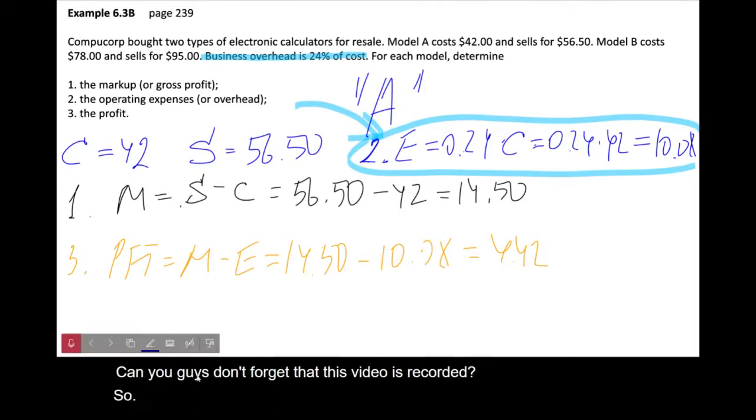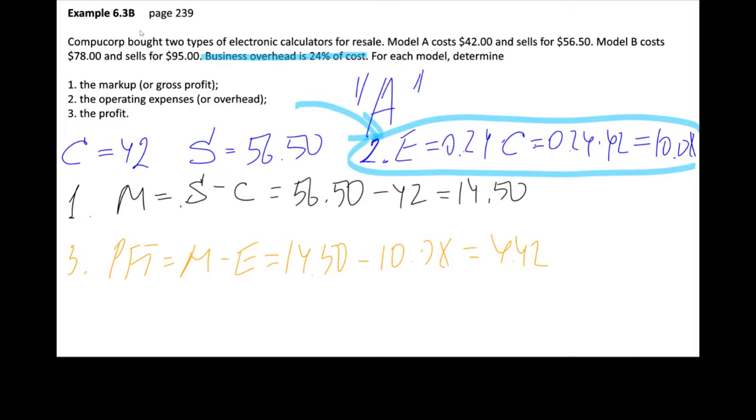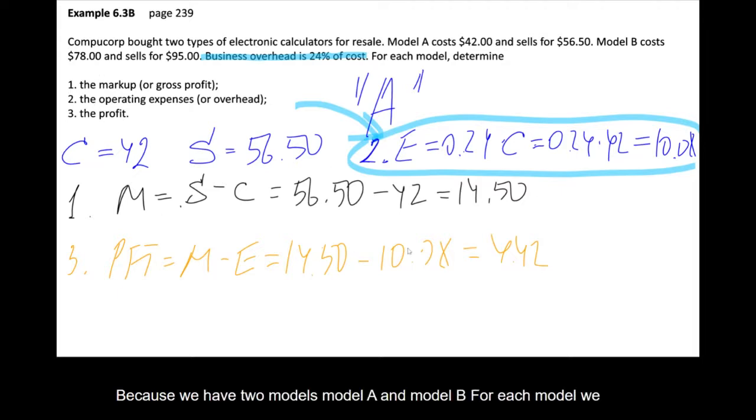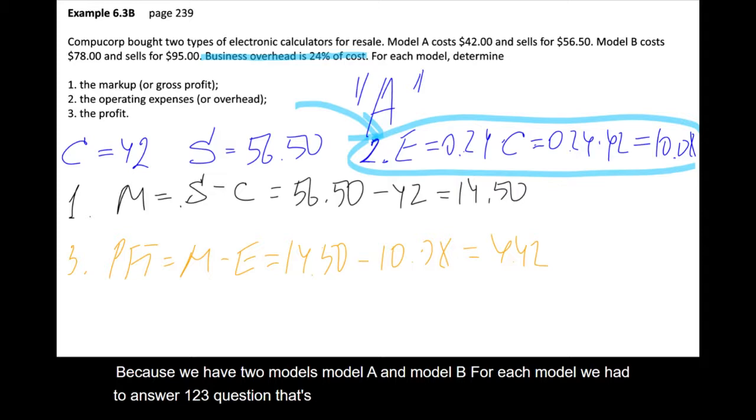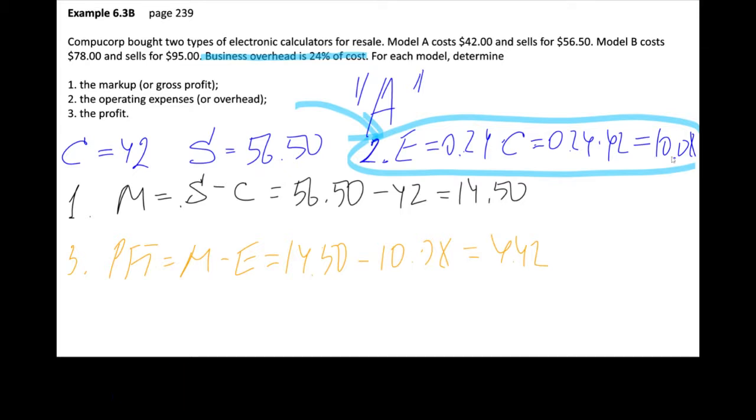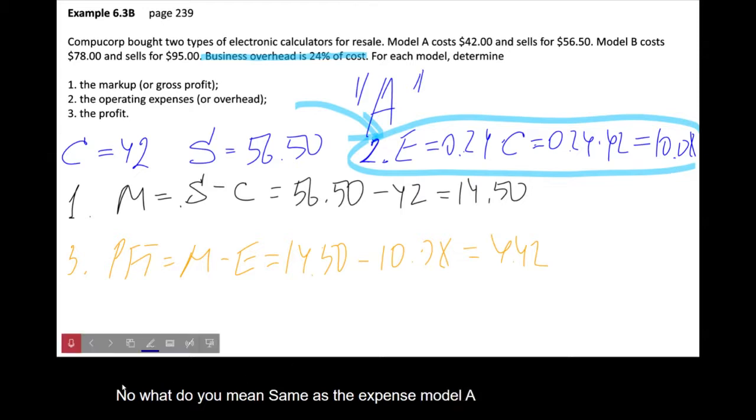So we wrote down the cost, the price, and the expense, right? And then I'm seeing here that the expense is also number two, because we have two models, Model A and Model B. For each model, we had to answer questions one, two, three. That's what we did. Model A has expense 1008.